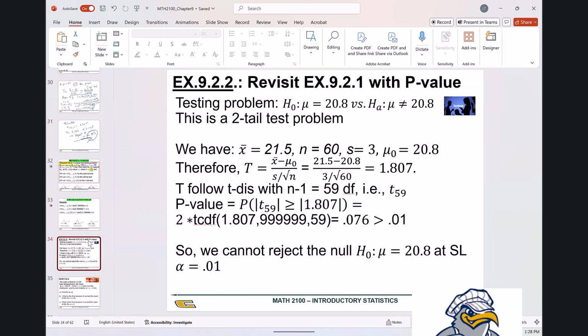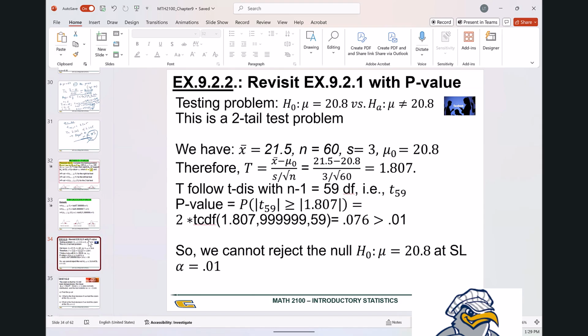So for the Facebook example, we revisit it and calculate the test statistic, 1.07. Again, T will follow T59.